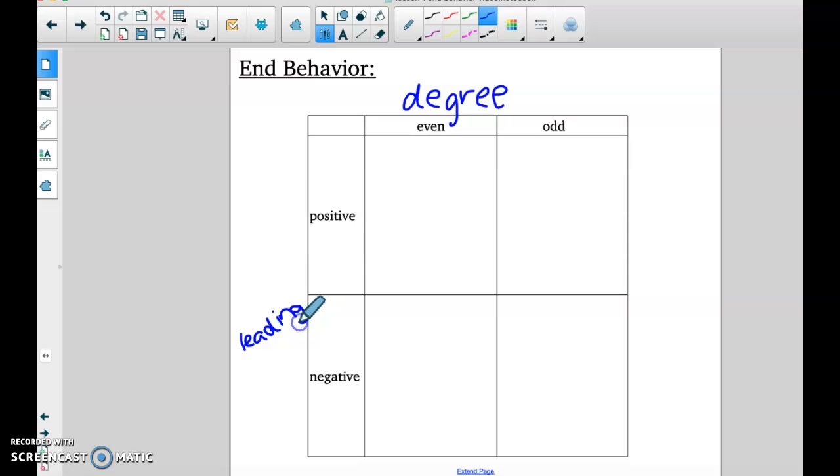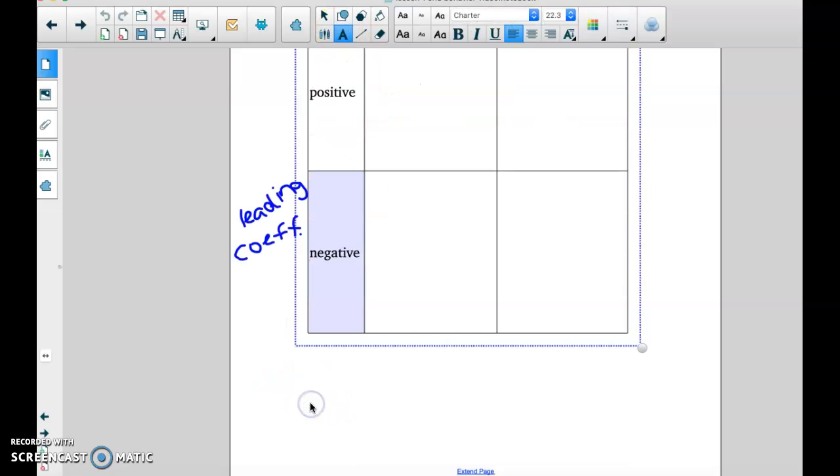Like x squared or negative x squared. What does that negative do? Hopefully you can remember: a negative is a reflection, or creates a reflection in the graph. We need to remember that.